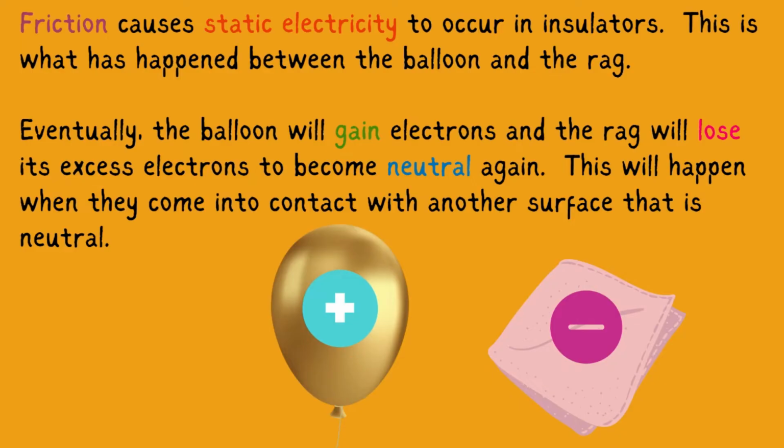Friction causes static electricity to occur in insulators. This is what has happened between the balloon and the rag. They are insulators. Eventually, the balloon will gain electrons and the rag will lose its excess electrons to become neutral again. This will happen when they come into contact with another surface that is neutral.